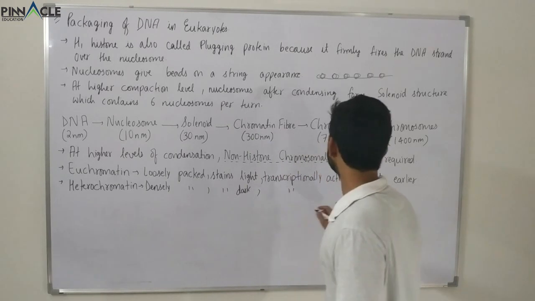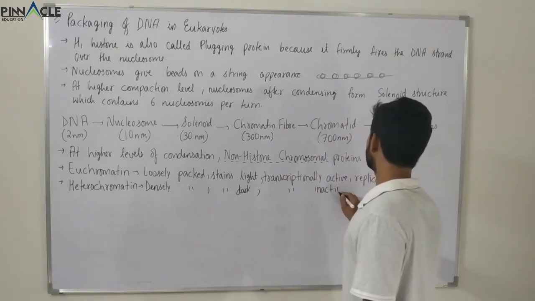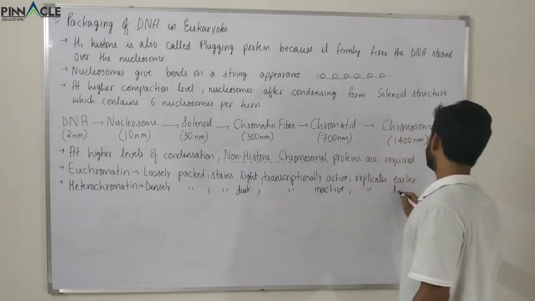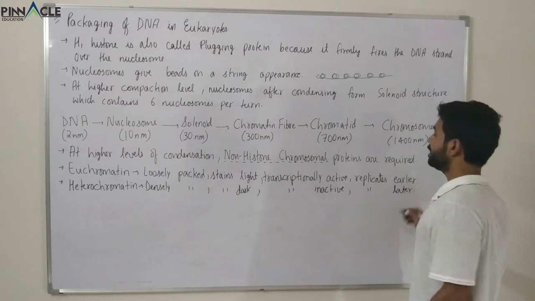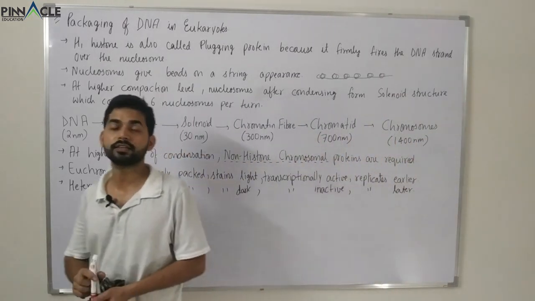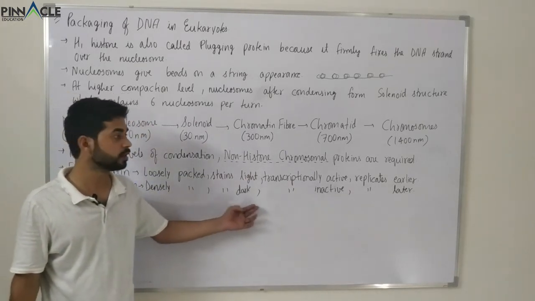It is transcriptionally inactive. It does not undergo transcription, and it replicates later. So when DNA undergoes replication, the first structure that will be replicated is the euchromatin area, and thereafter the heterochromatin area will be replicated.